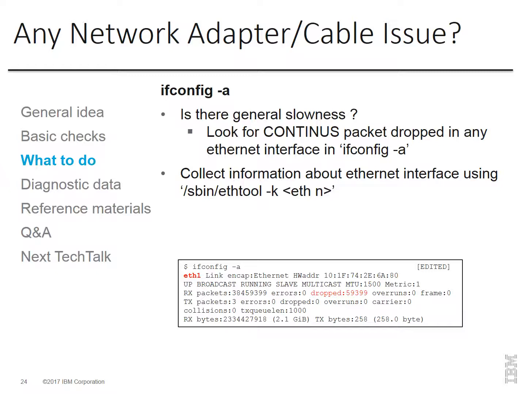So before concluding it's a network or adapter issue with a particular network interface, make sure packet drops are currently happening. Once you identify the issue with packet drops on a particular interface, you need to get more information about the specific interface using the ethtool command for further investigation.